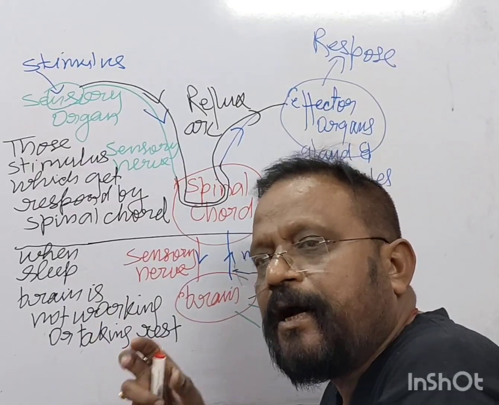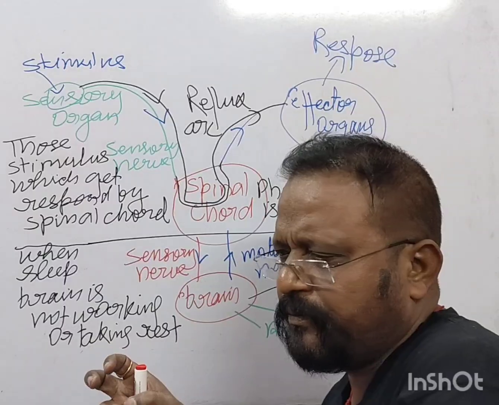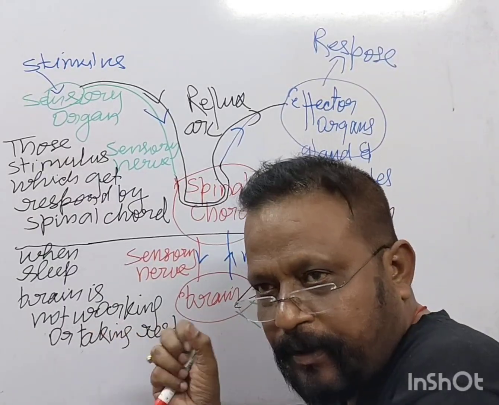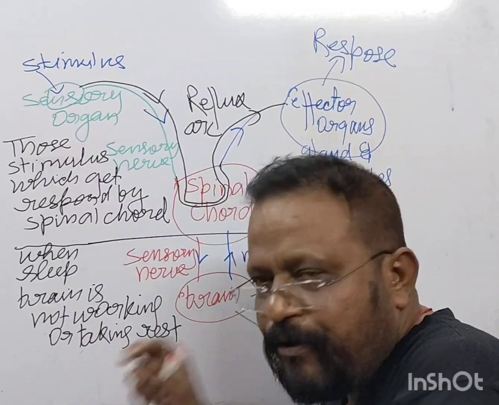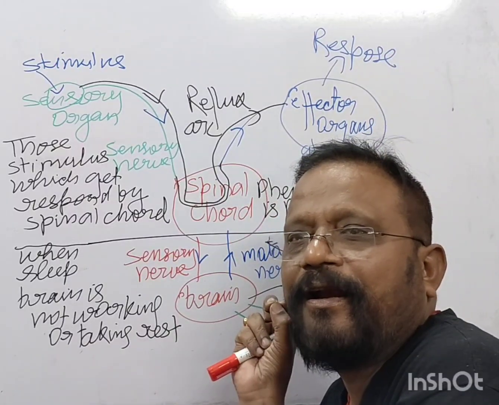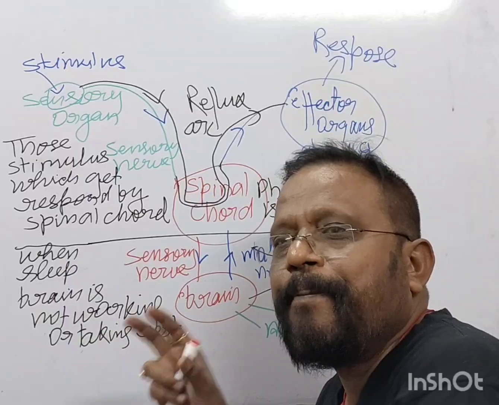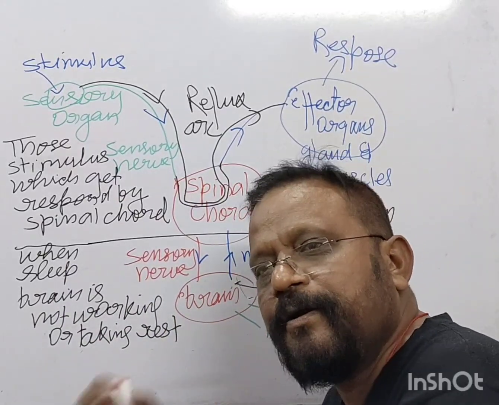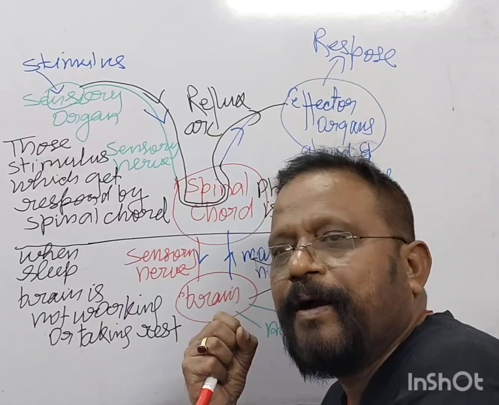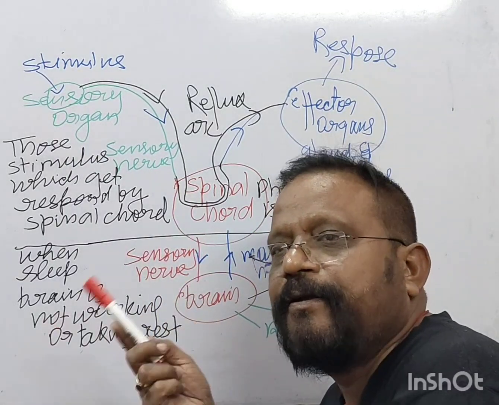Sometimes you touch a hot object, and suddenly you withdraw your hand. Why? Because the message does not go to your brain there. It is from the spinal cord, and you reflexively take it back. So that is called the reflex arc.